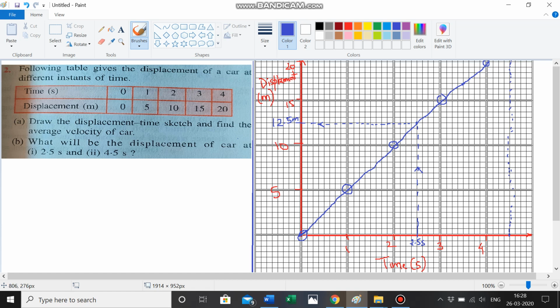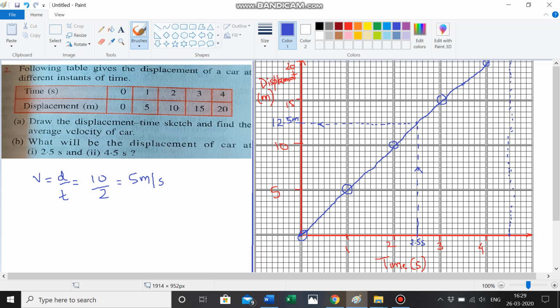Oh, I didn't read the first part. Find the average velocity. So velocity is equal to displacement upon time. Let's look at any specific point, say at 2 second. Displacement was 10, so 10 upon 2 is 5 meter per second. That's my velocity.